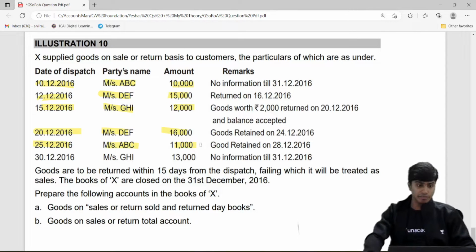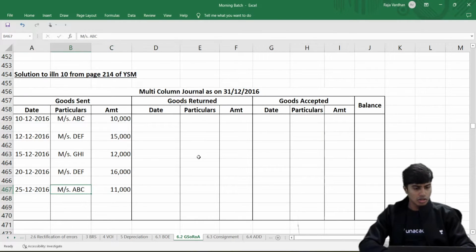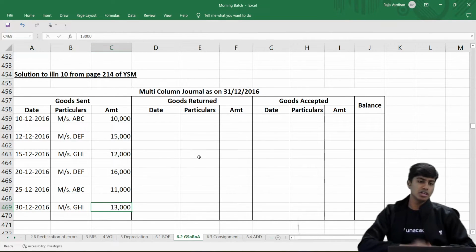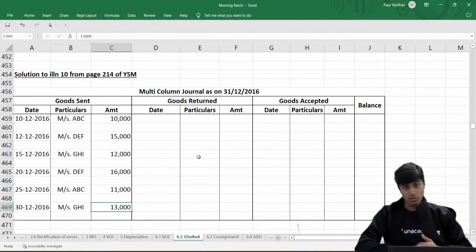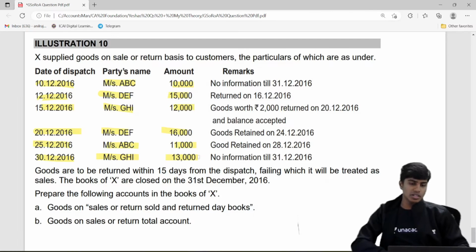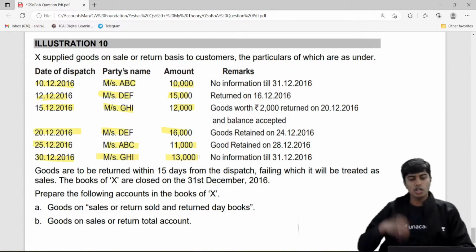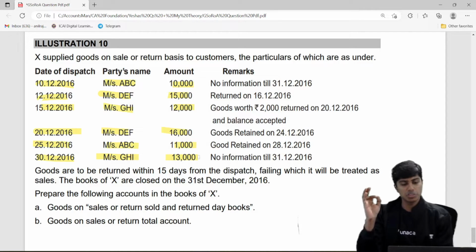This is goods sent. And on 30th of December GHI 13,000. Now we have dumped all the goods sent data. Now let's see what information they've given. Goods are to be returned within 15 days from dispatch.